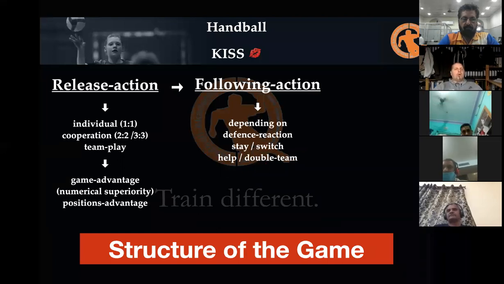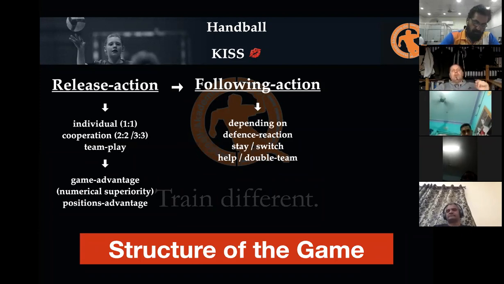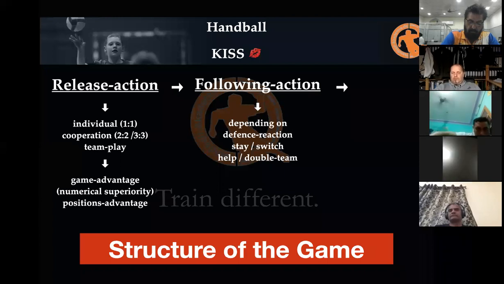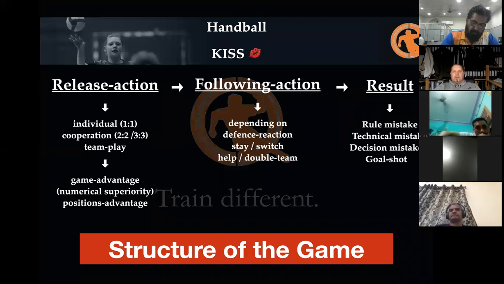These are the 4 types of cooperation we introduced in one of our sessions. And depending on that, maybe you should, maybe you pass the ball. So this following action is depending on what or how the ball is circulated after the release action, depending on the defense actions. And then we come to a result, to a final situation.